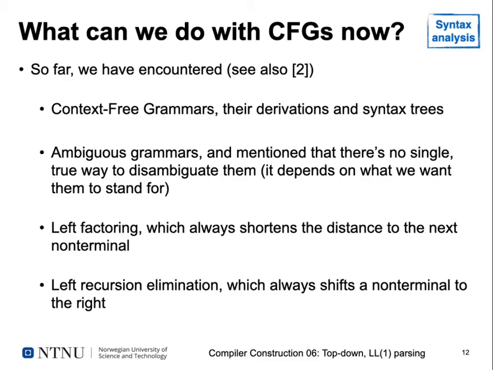It depends on what we want them to stand for, but there are ways to disambiguate them. You have to decide for one or the other option you can choose. We've seen left factoring. This always shortens the distance to the next non-terminal. We can see that we can eliminate left recursion, and eliminating left recursion always shifts a non-terminal to the right, which makes our grammar easier to build and our parser easier to write.